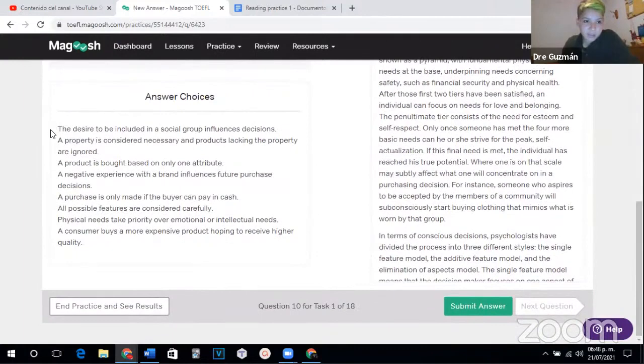Let's see, Carolina, can you read the next one? This one. Sorry, Miss, could you repeat? I couldn't hear you well. Oh, can you read this next statement, please? Okay. The desire to be included in a social group influences decisions.